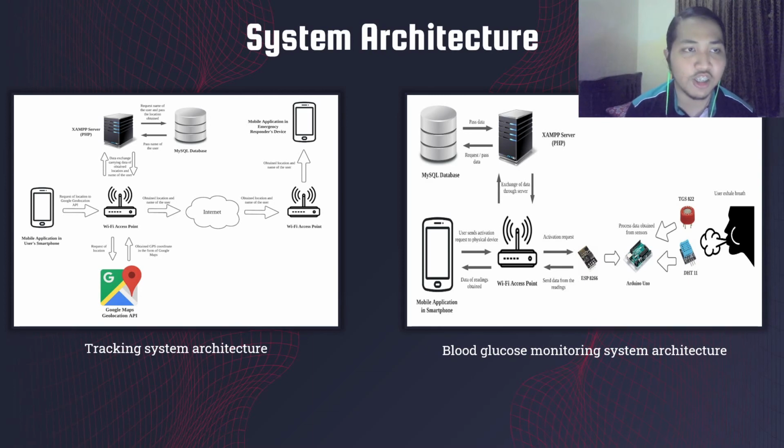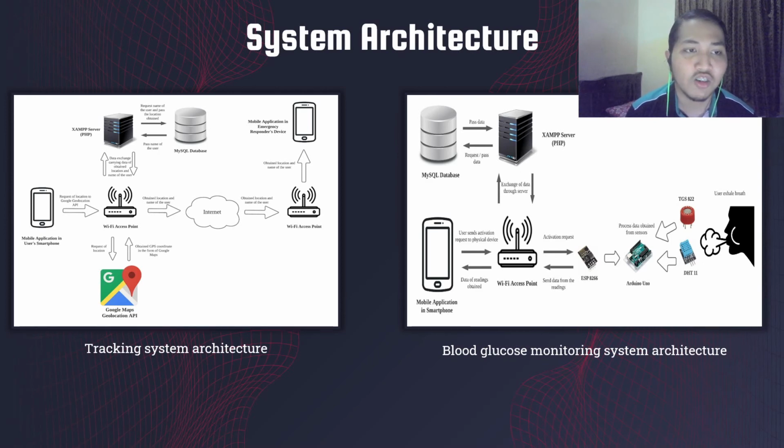So the second function in the system is the tracking system. When the user activates the emergency function, it will request the location from the Google Map Geolocation API. And then when the request has been approved, the data in the form of latitude and longitude will be stored in the database.